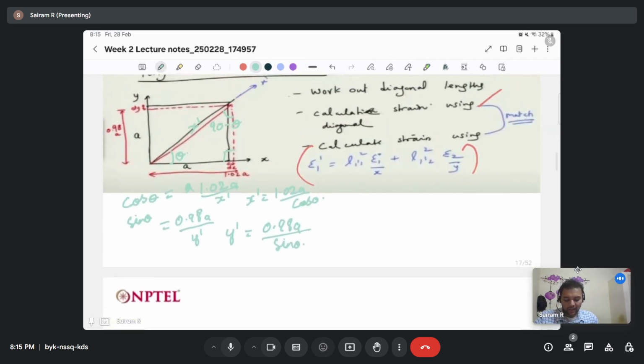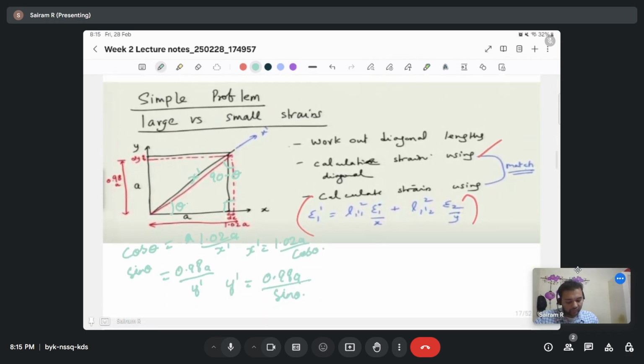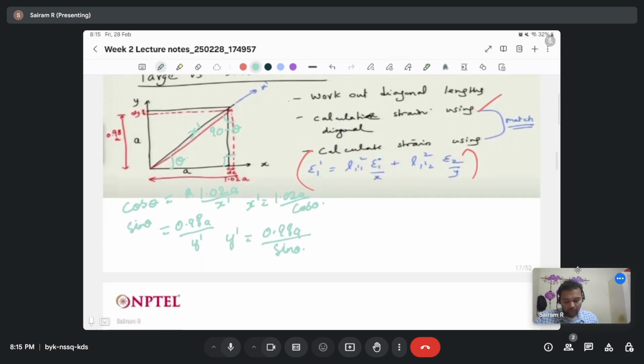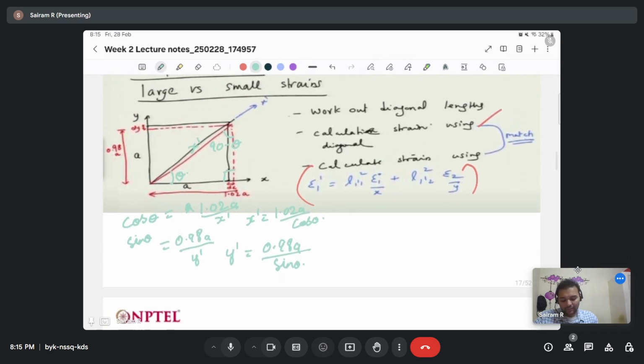So what is going to be the strain involved along the x prime direction? So what is going to be the strain involved along the y prime direction? So these are the x prime and y prime lengths.